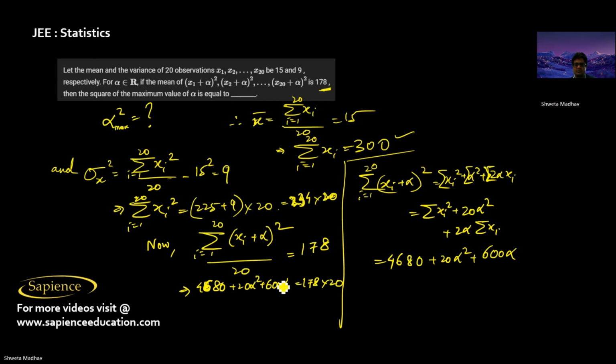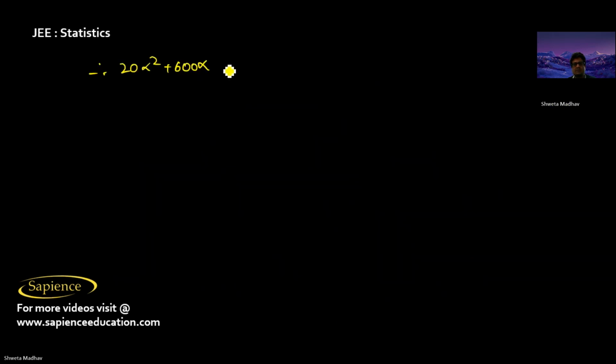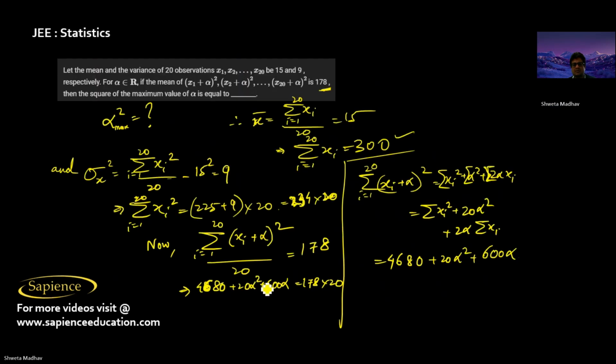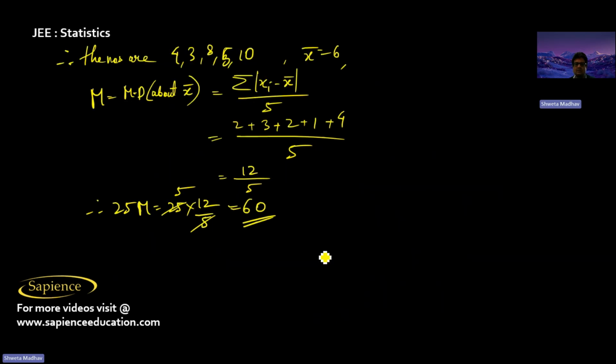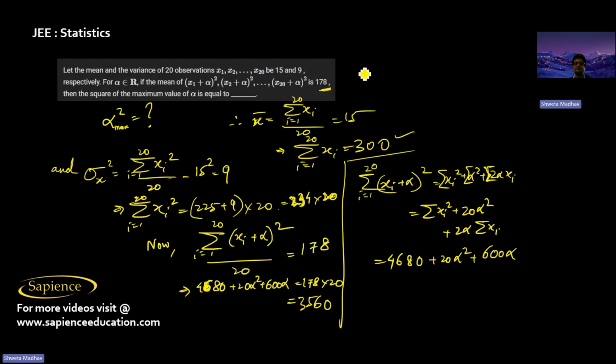So now I can say that 20 alpha square plus 600 alpha plus 4680 minus 178 into 20, that is 3560, is equal to 0.